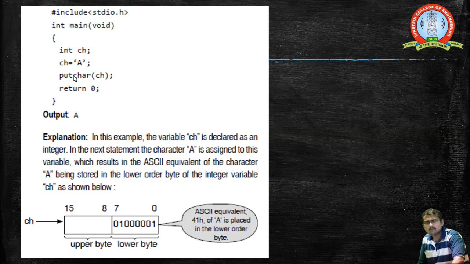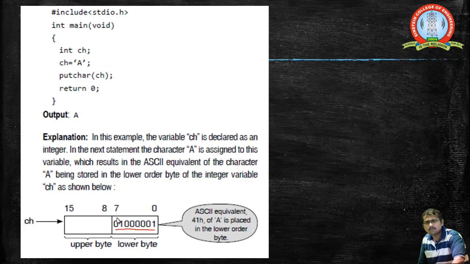Since it is being declared as an integer, but I am trying to store a character over here, what actually happens is, when you store this variable, this A will be automatically converted into its ASCII equivalent. This ASCII equivalent value will be converted into binary, and since an integer has 2 bytes, the character value will be stored in the lower order byte.